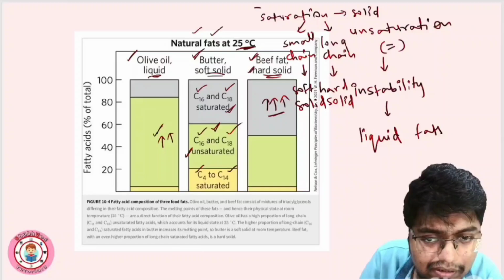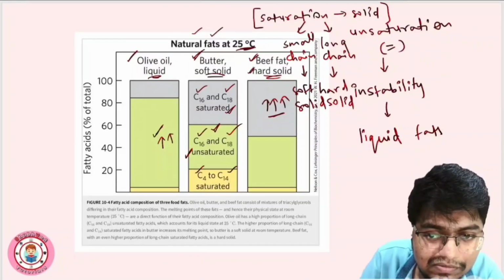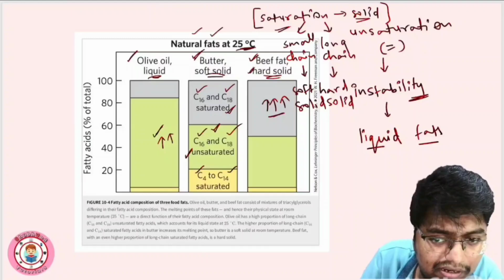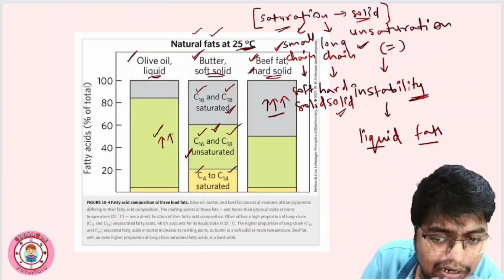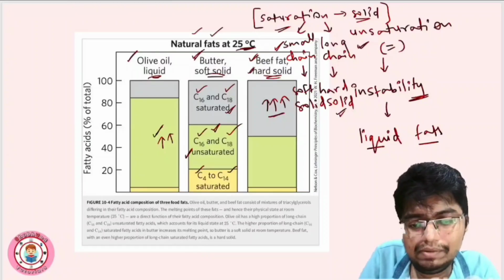So I told you, you have to just remember this. Unsaturation will give rise to liquid fats, instability condition. Saturation will give rise to solid condition, and in this if small chain then soft solid, if long chain then hard solid. Again, one more thing to study is the melting temperature.